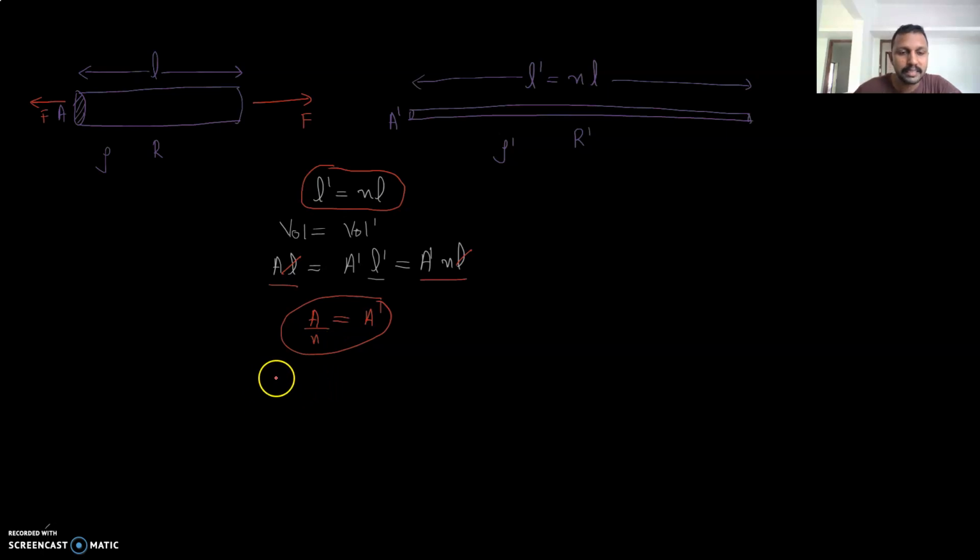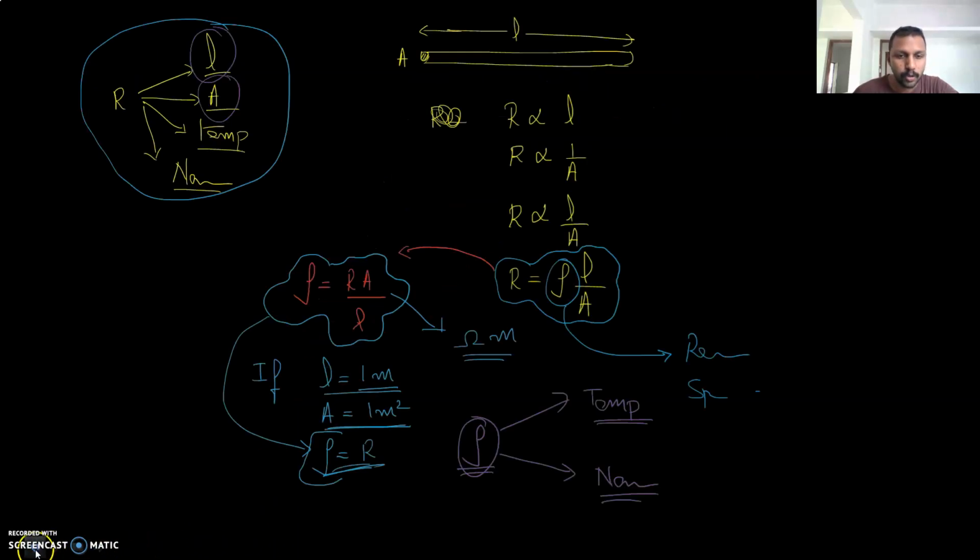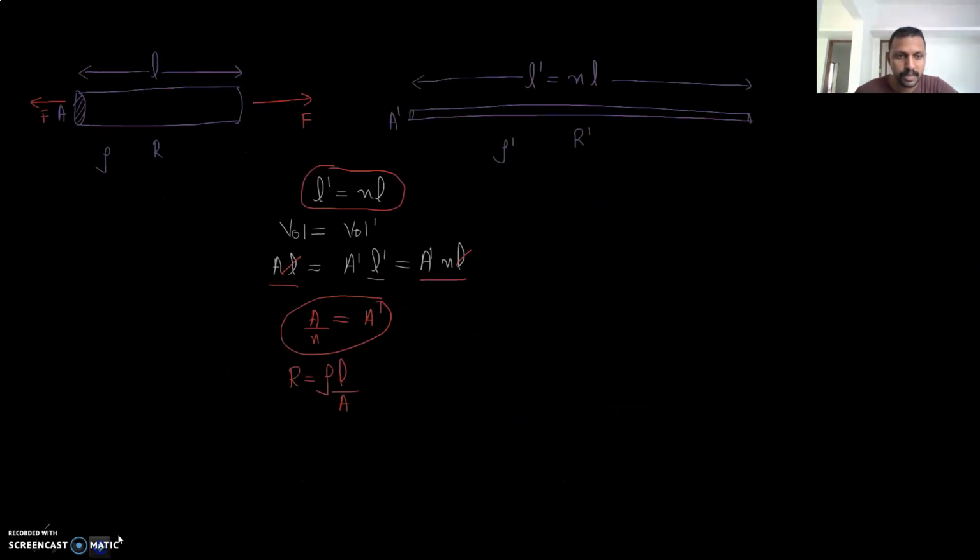Then let's speak about resistance. The connection between resistance and resistivity is R is equal to rho L by A. This is the connection between resistance and resistivity. From our previous slide, we know resistivity will depend only on temperature and nature of material.